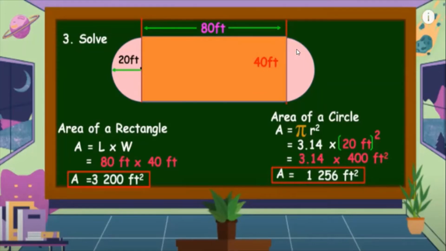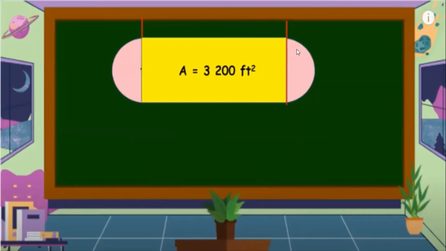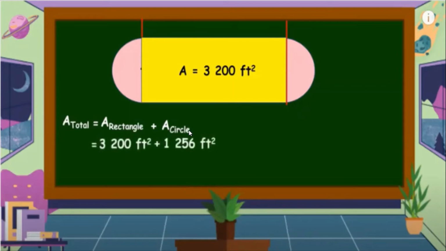So we already found the area of our rectangle and the area of the circle. The next thing we are going to do is add these two areas to find the total area of this roller rink. The total area is equal to the area of our rectangle plus the area of our circle. The area of our rectangle is 3,200 square feet plus 1,256 square feet for the area of our circle.